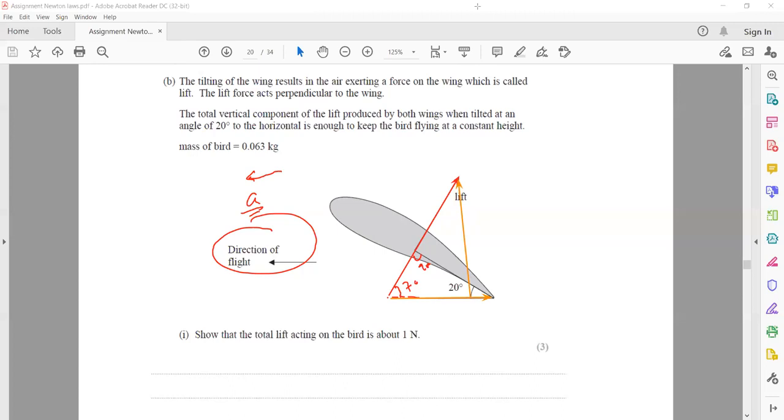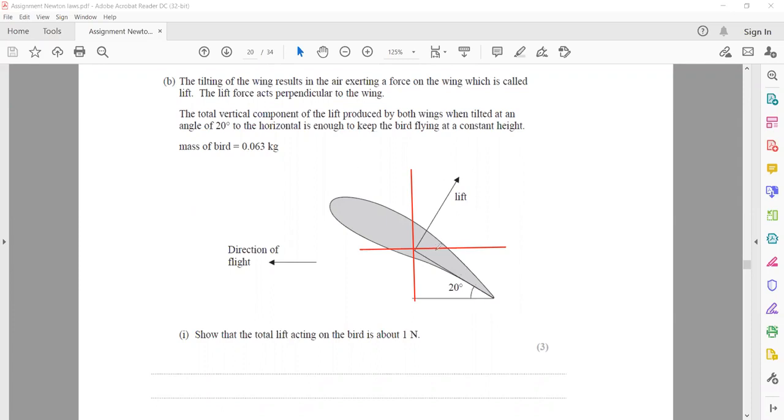Or you can also solve in this manner. This is a lift. Now if we resolve the lift into the components, so when I take the axis parallel to the horizontal surface, now I will resolve the lift into the components.